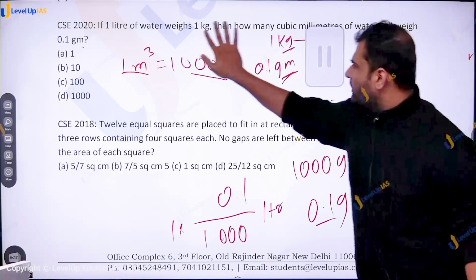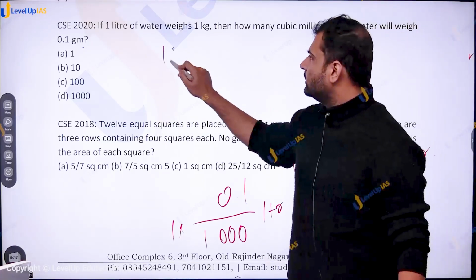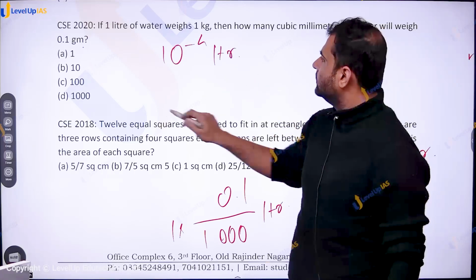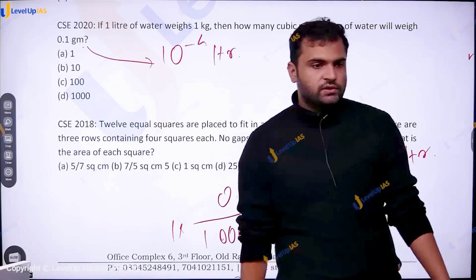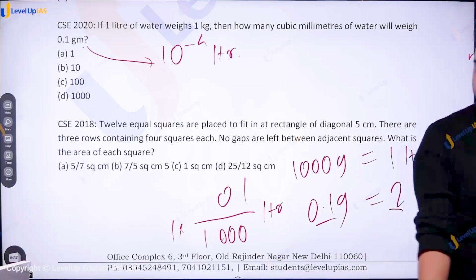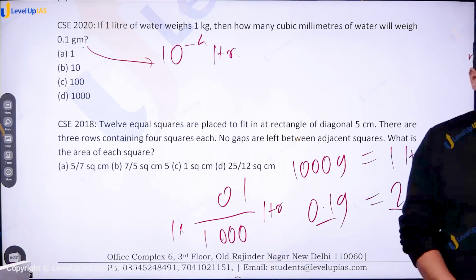So basically anywhere you want you can calculate, but you have to arrive at 10 raised to minus 4 liters. This is the same as this. The required quantity is 10 raised to minus 4 liters. This is 10 raised to minus 4, no? 1 by 10,000.